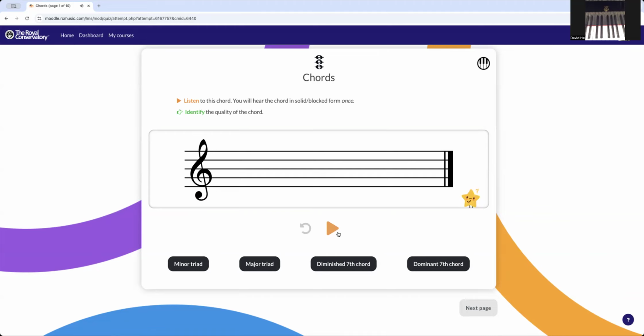Okay, is it a seventh, or major, or minor? How many notes are in there? Listen to that again. Listen to how many notes there are.